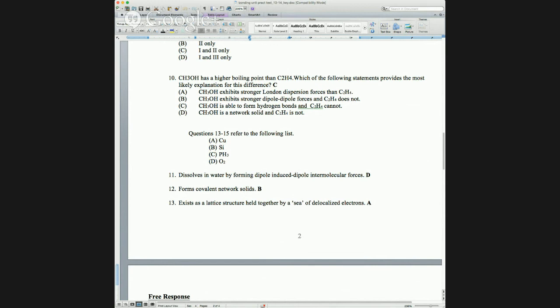And that's what happens with your non-polar molecules, which is why it's D, right? The O2 is a non-polar molecule. So you have induced dipole.